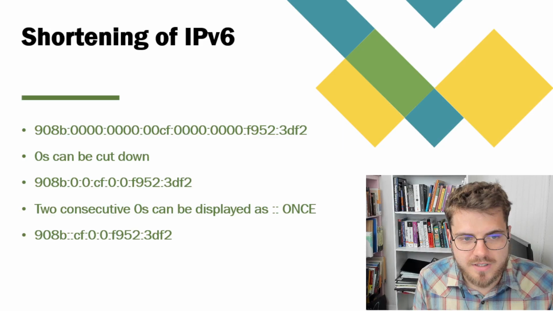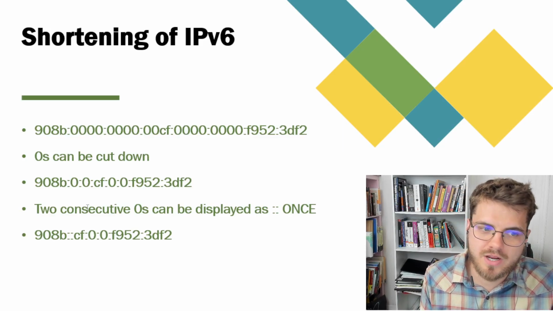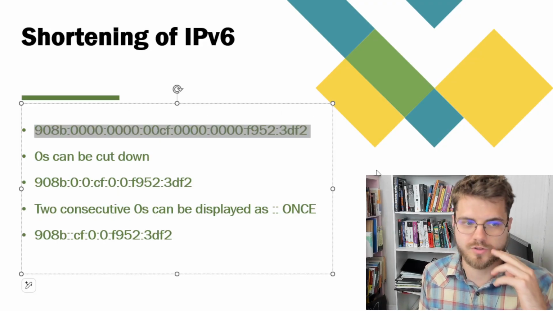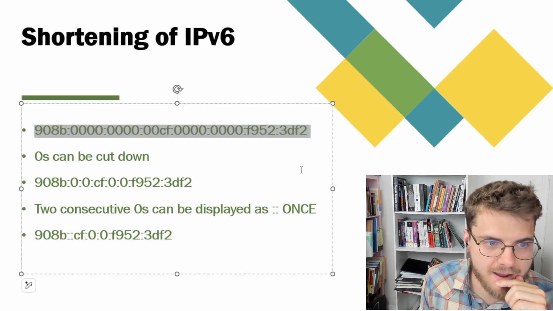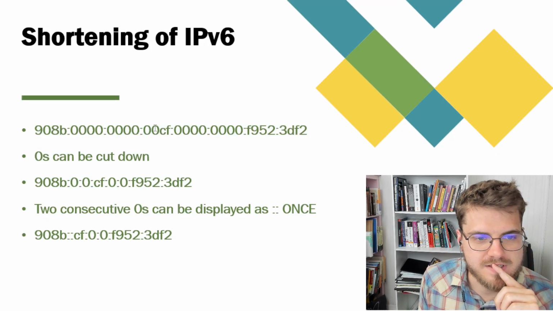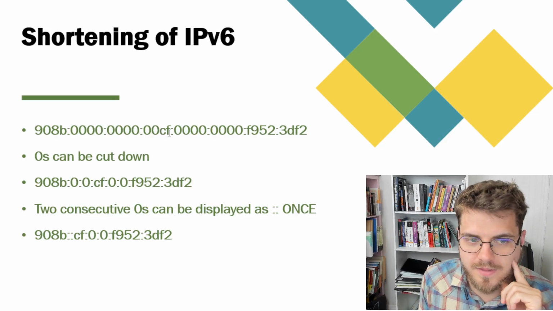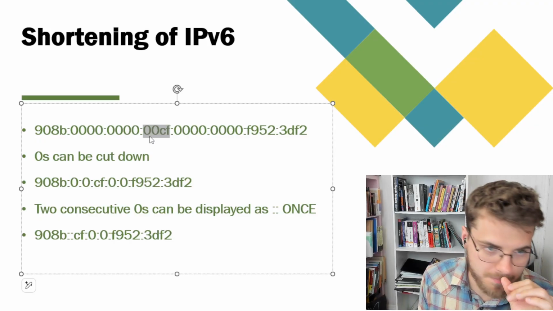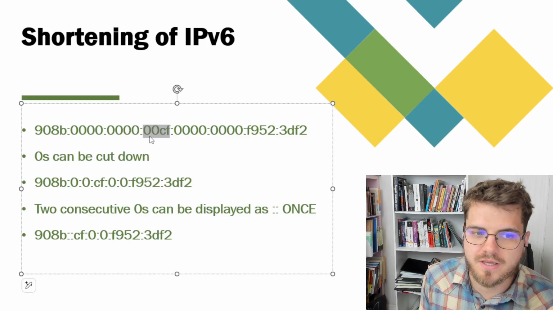So, shortening an IPv6 address. I just have a random address, and this is the random address. The rules are that zeros can be cut down. If it's a leading 0, like this right here, you can just omit it and it means the same thing. You can't do it on the right.